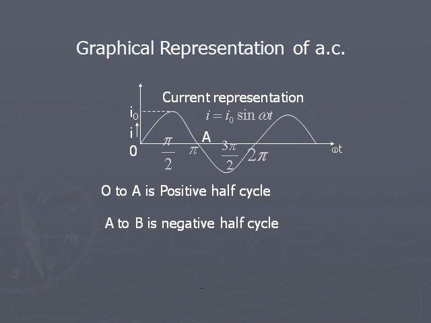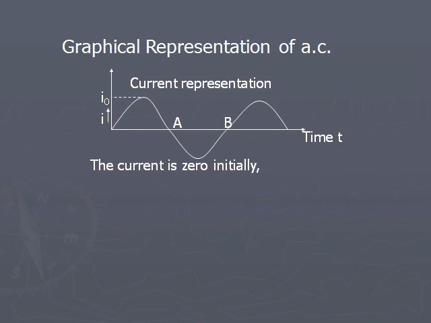The negative half cycle means starting from 0 it goes to the maximum value in the opposite direction and comes back to 0. It is maximum in the positive direction at the phase pi by 2, and it is maximum in the negative direction when the phase is 3 pi by 2.